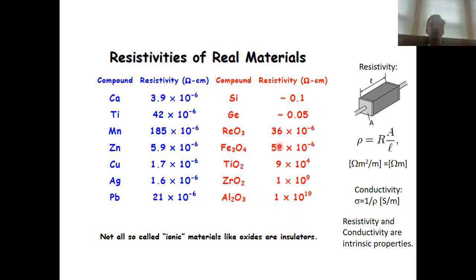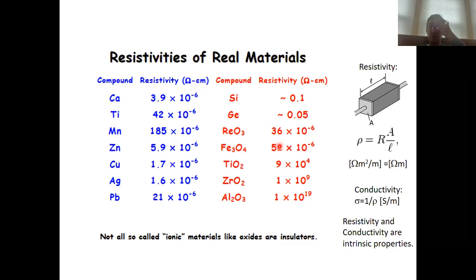Therefore, we would expect that their resistivities should be significantly higher. Now let's see if this is always true. And you see that it's true in many cases. However, there are also exceptions.